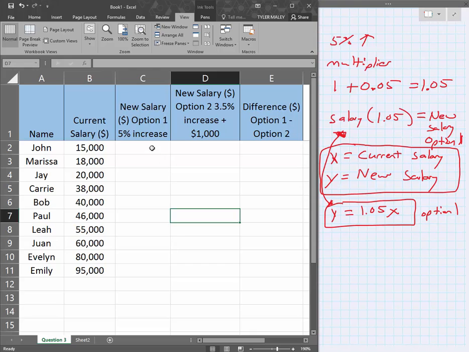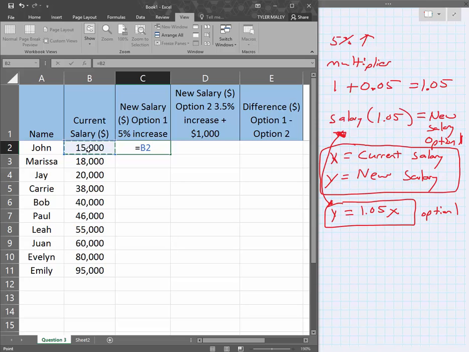In Excel, I can just hit equals and then click on this box. I want to take whatever number's here and multiply it times 1.05, and I get that amount. Now I can just pull this down. If you notice, when I put my cursor in this box, I get this plus sign.